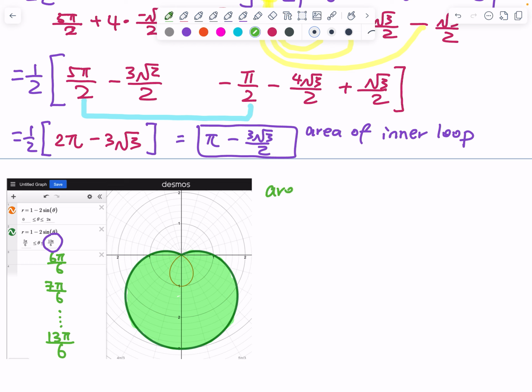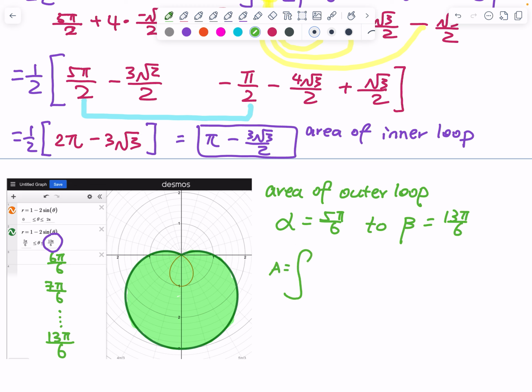So I will say area of outer loop. That is alpha is from 5 pi over 6 and then to beta, that is 13 pi over 6. And then therefore, the area is equal to the integral from 5 pi over 6 to 13 pi over 6. And then you have 1/2, you square the polar equation, 1 minus 2 sine theta squared d theta.